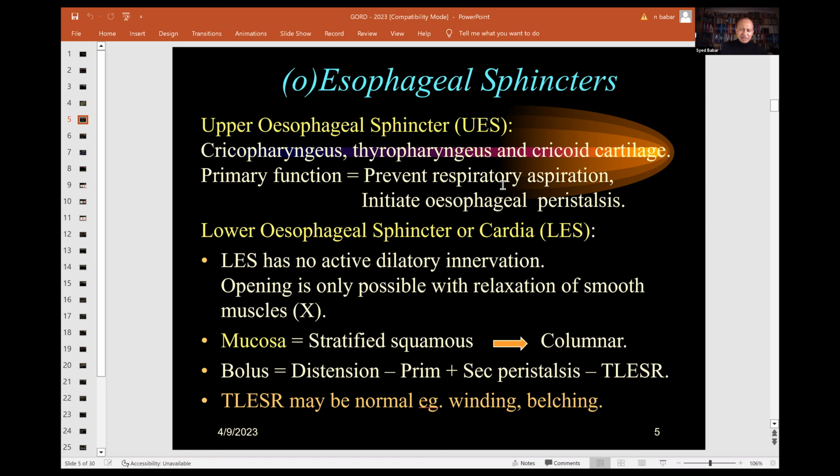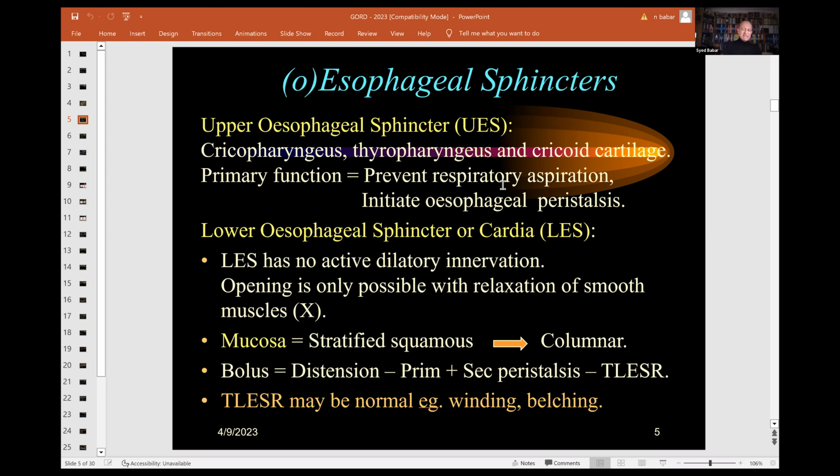Remember that even though the lower esophageal sphincter is constantly under tension and remains tight, there are a few physiological reasons when there is transient relaxation of the lower esophageal sphincter.